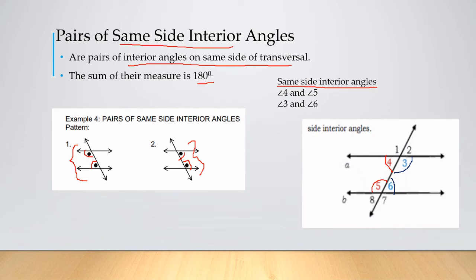Now, if the measure of angle 3 is 130 degrees, therefore, what is the measure of angle 6? Angle 6 is 50 degrees. Since the sum of their measure is 180 degrees.